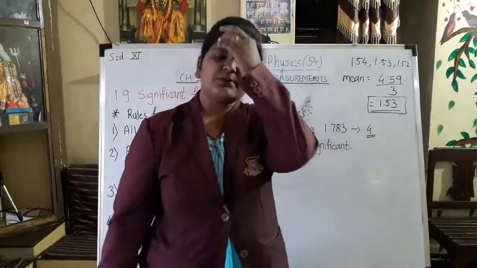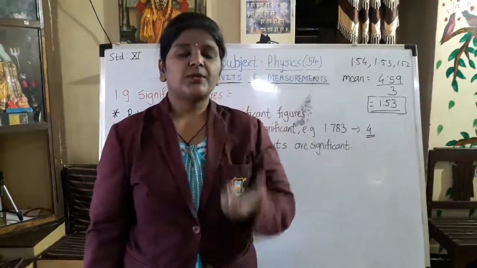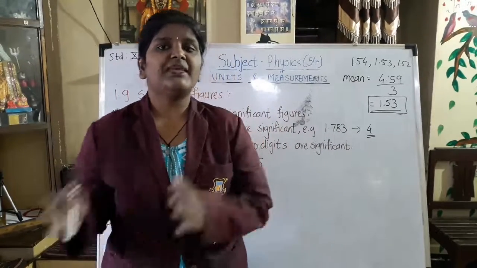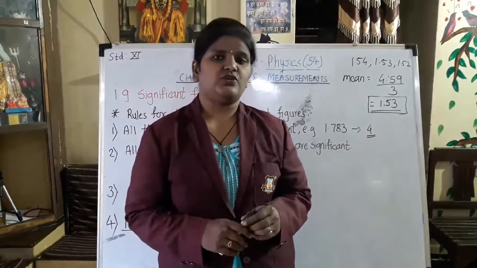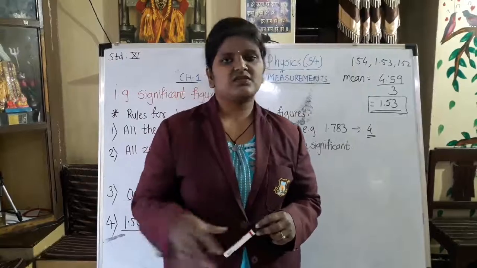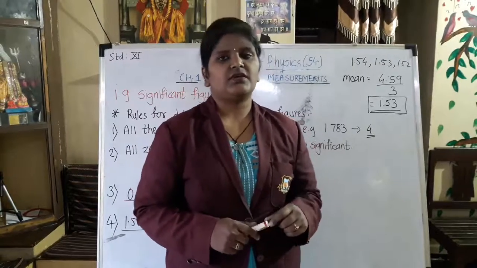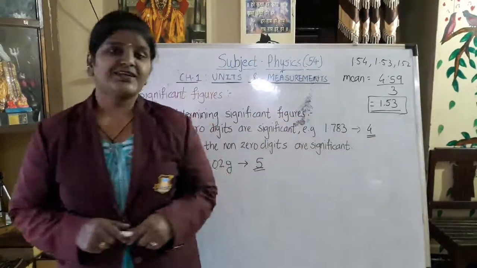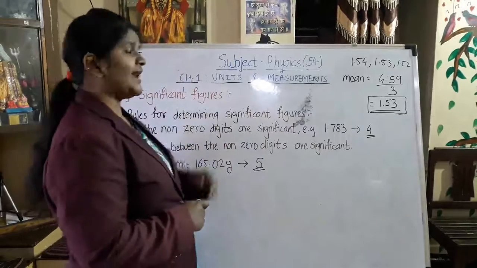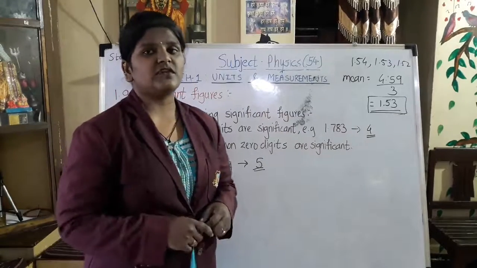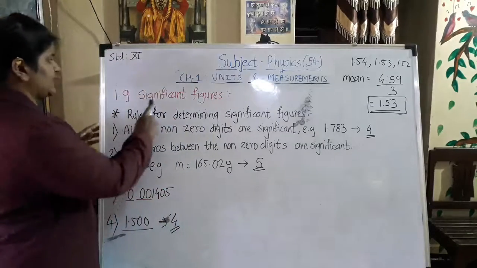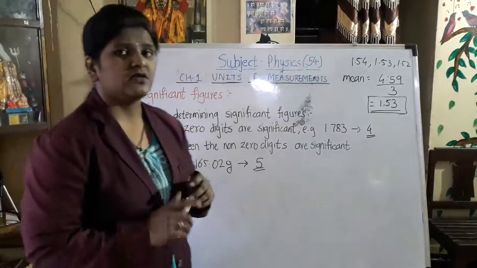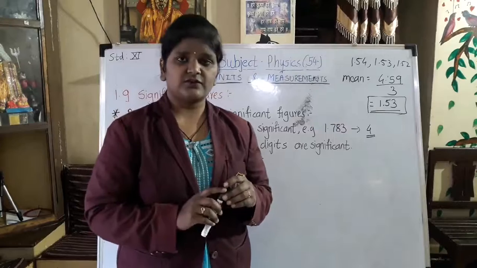Okay. So while we are studying in such a manner, in this some digits or numbers are certain and some numbers are not certain. The numbers which have some meaning towards the reading, or some certain value of it, are considered as significant figures. There are some rules to follow while studying significant figures. Have you got the concept of significant figures?